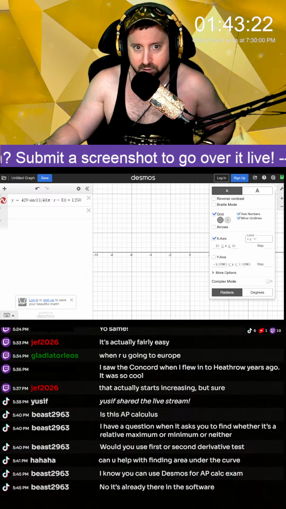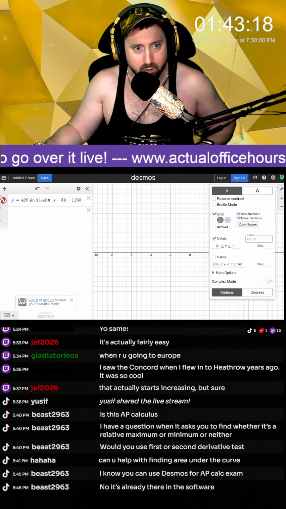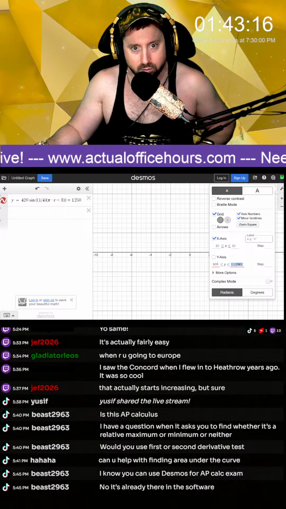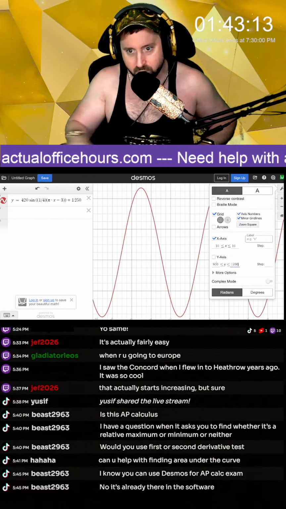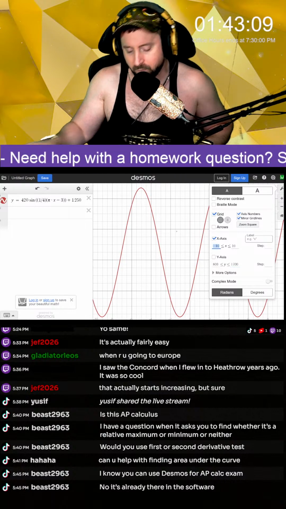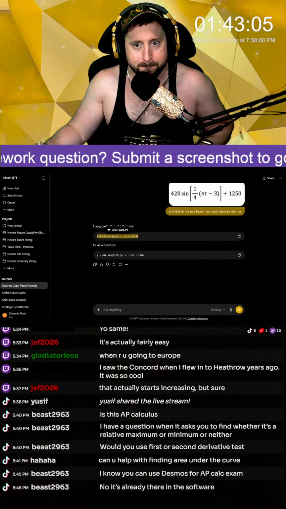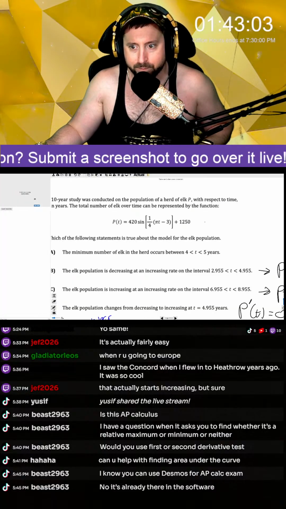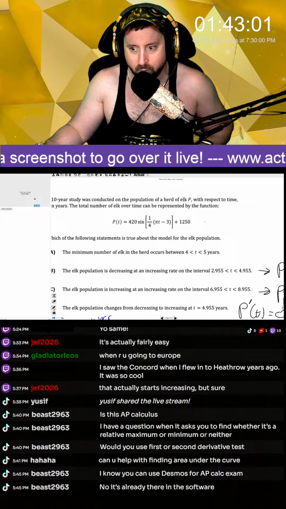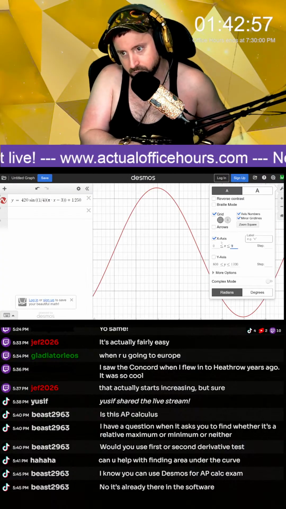Our y-axis needs to start at probably like 800. It needs to max out at 1670, so 1700. There we go. And then x, here we'll go from 0 to, what do they want? 0 to like 5-ish, or up to 9. Cool.